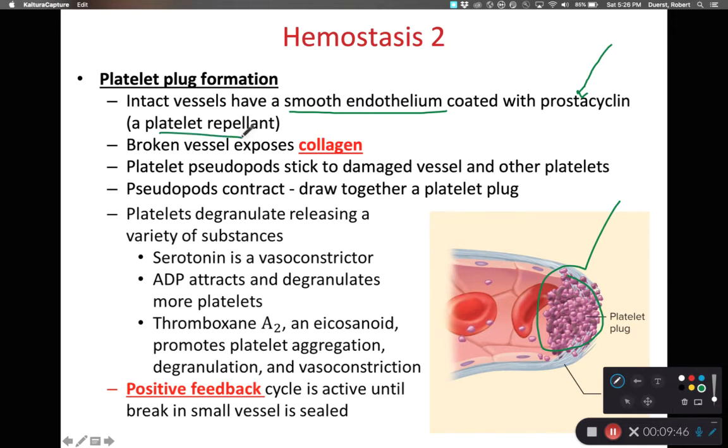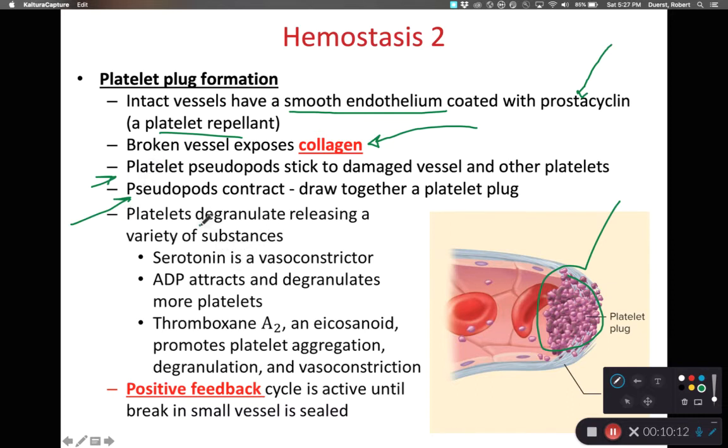But what I really want to emphasize is that when we damage the inner lining of our blood vessels, all of a sudden we have collagen exposed to the blood plasma. And when that collagen is exposed to the blood plasma, the platelets will stick to the collagen, and the pseudopods of the platelets constrict, drawing together other platelets and knitting together and pulling together the injury to make a platelet plug.